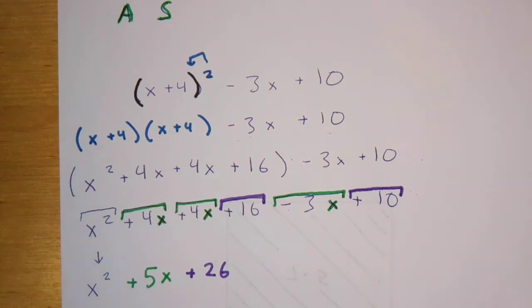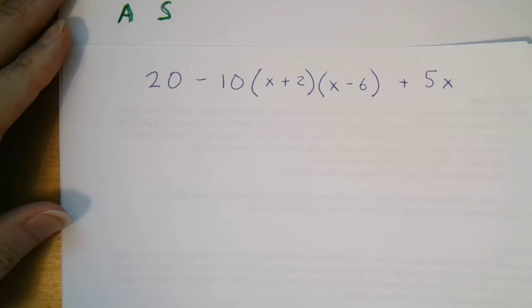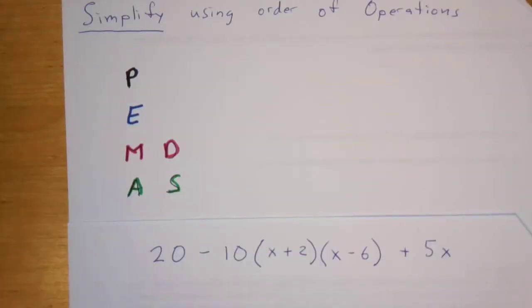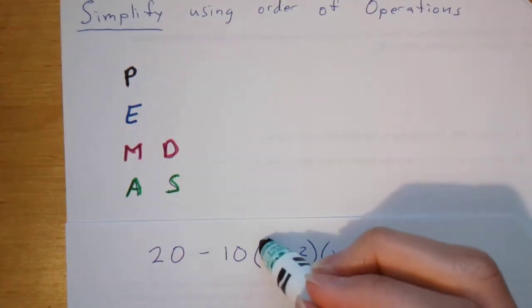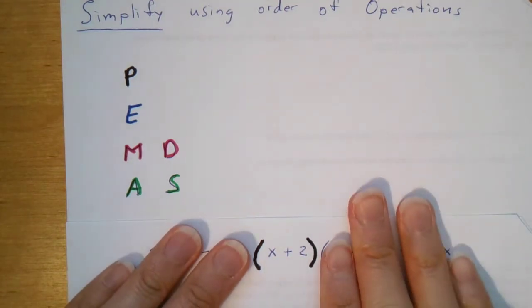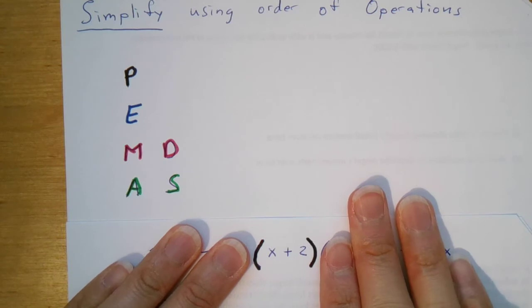Let's do one more example. Okay. So first thing I'm going to do is, once again, I'm going to look inside the parentheses. Can I simplify that parentheses? The answer is no. X and plus 2 cannot combine.